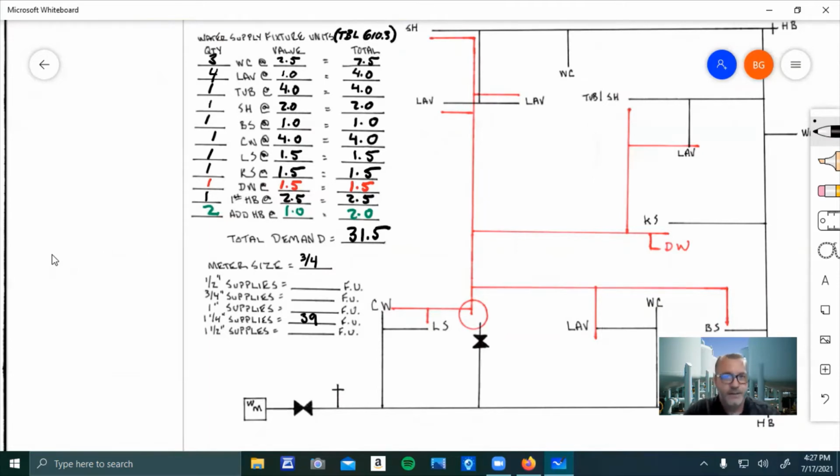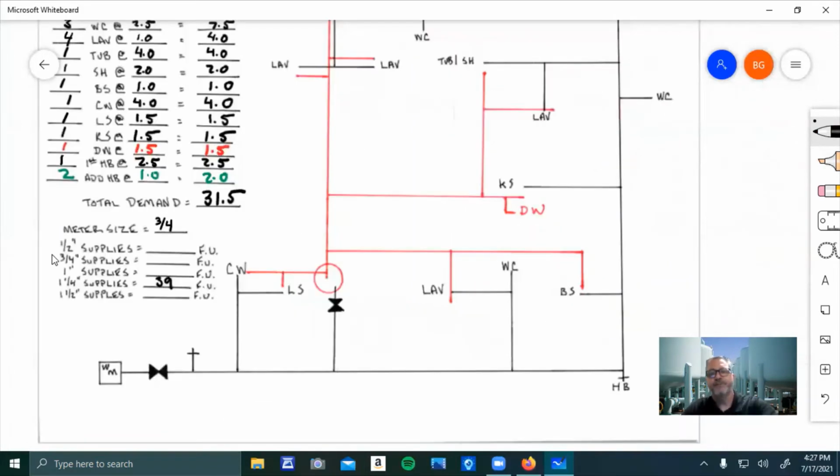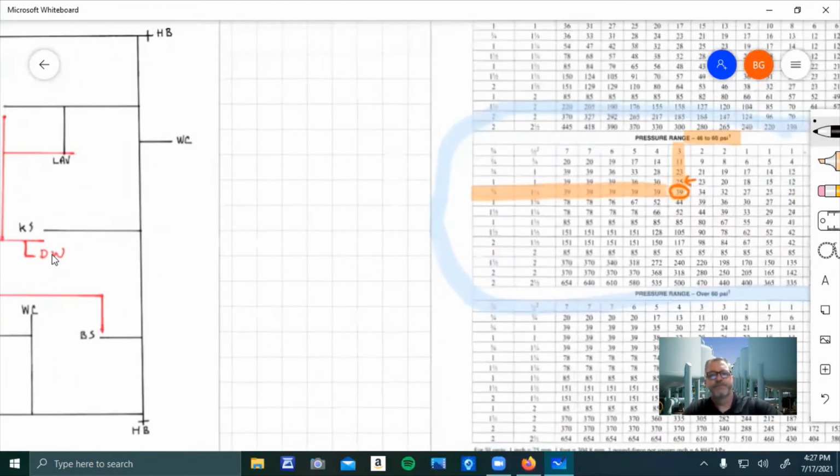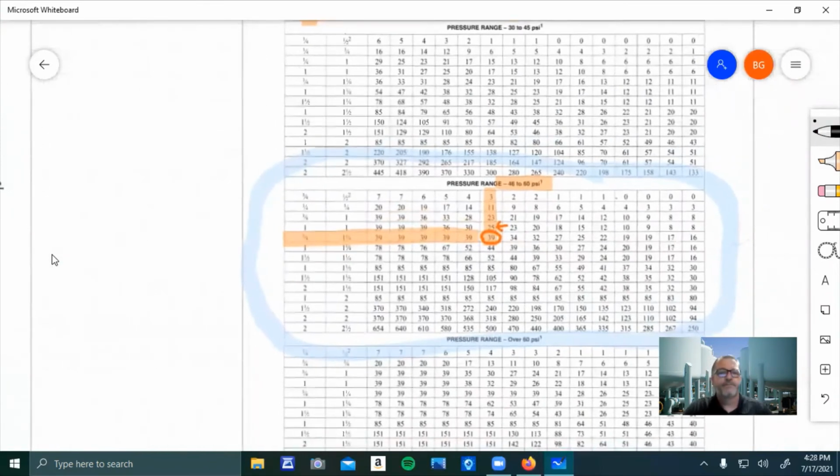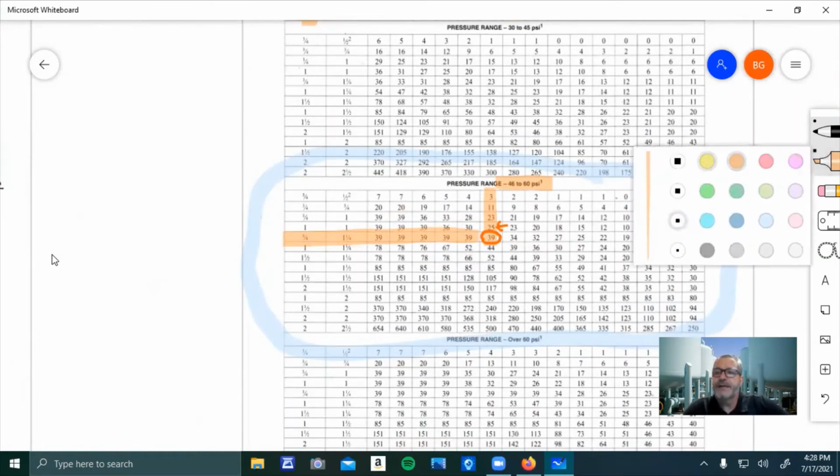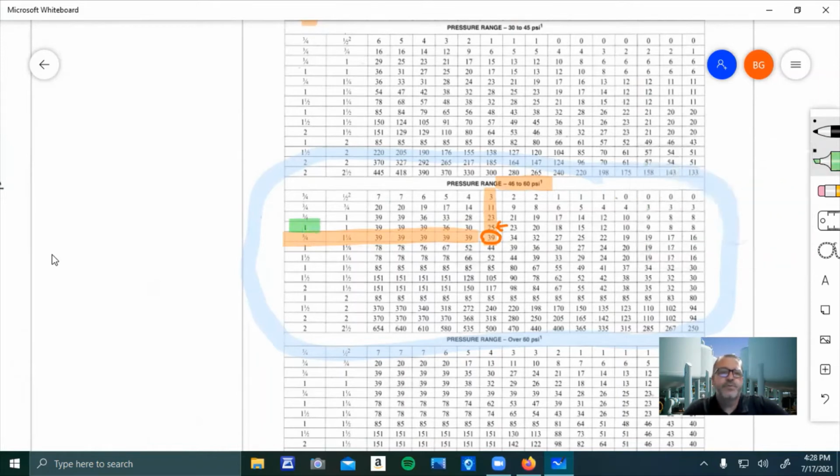But keep in mind, 3/4 meter. That's important because take a look at this. The next one up, which was 25. What size is the meter on this? We have a meter size right here. Green. That's 1 inch.